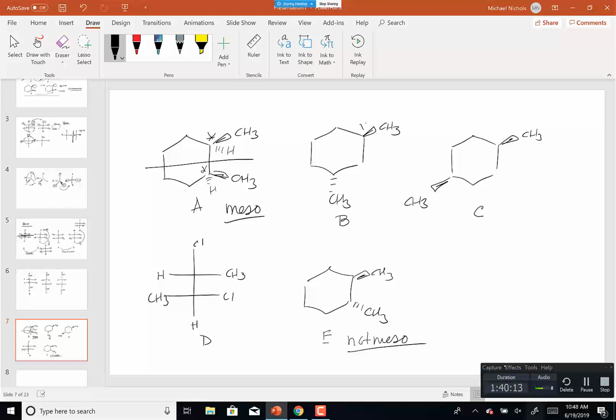You go till they come together. So for here, for instance, we've got a methyl, hydrogen, CH2, CH2, but remember, we've got to go to what's attached to this CH2.